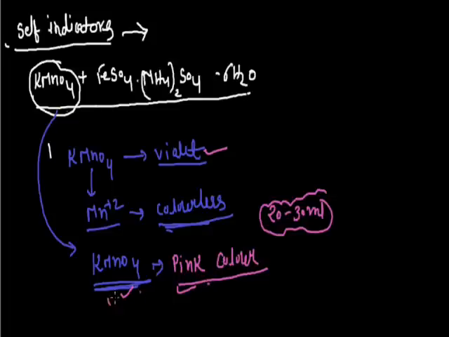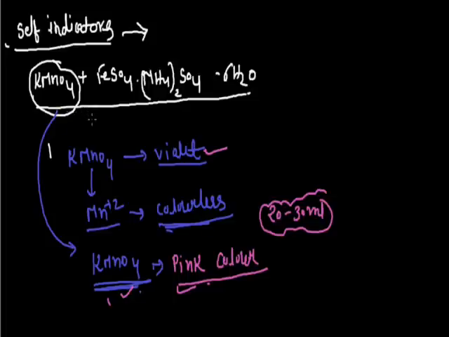So in this titration KMnO4 acts as an oxidizing agent as well as an indicator. These types of indicators are called self-indicators.